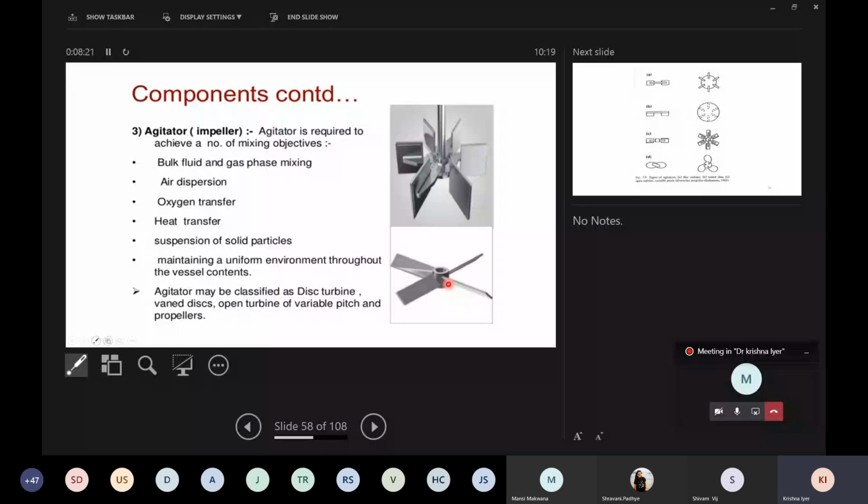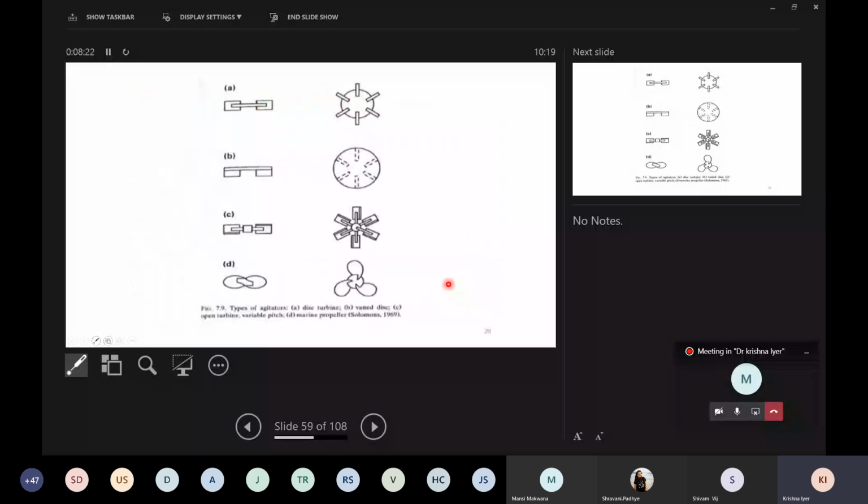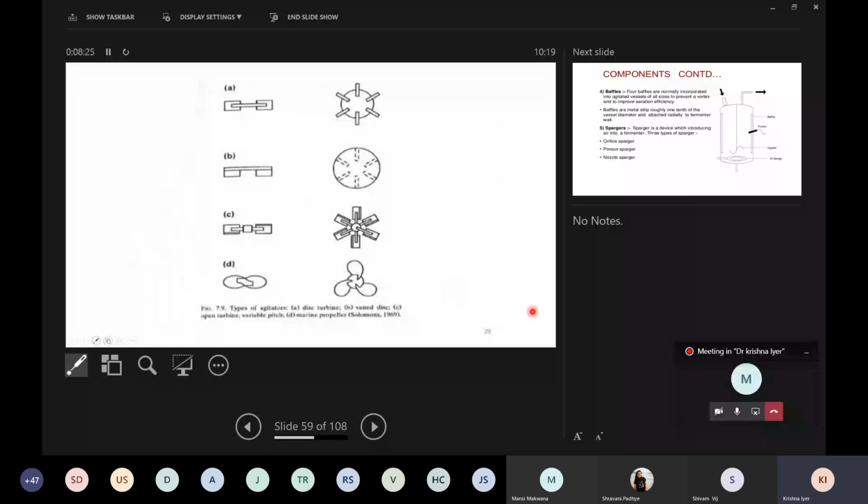Here is a nicer picture so that you can get a feel for it. The flat disc type agitators, as they are called, will have something like this. If you look at the side view, this will be the central shaft, and this thing is going to rotate in this fashion. When you look at it from the top view, you'll see somewhat like this.